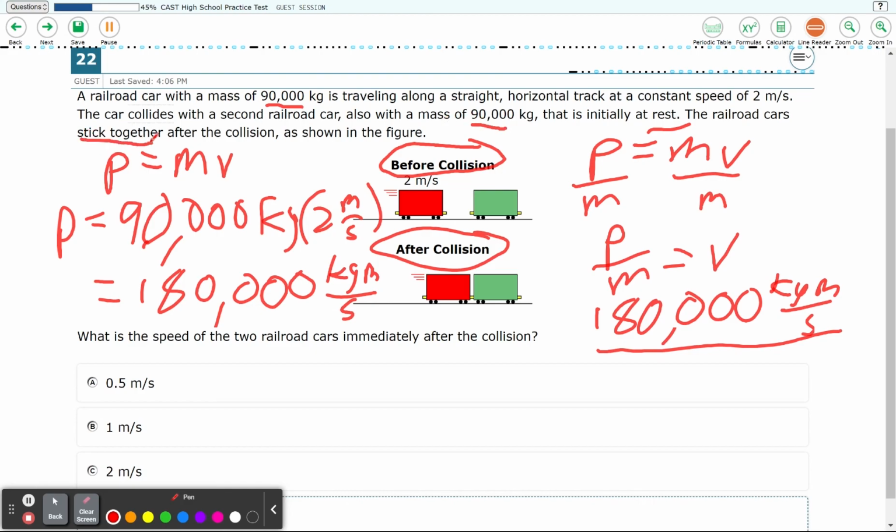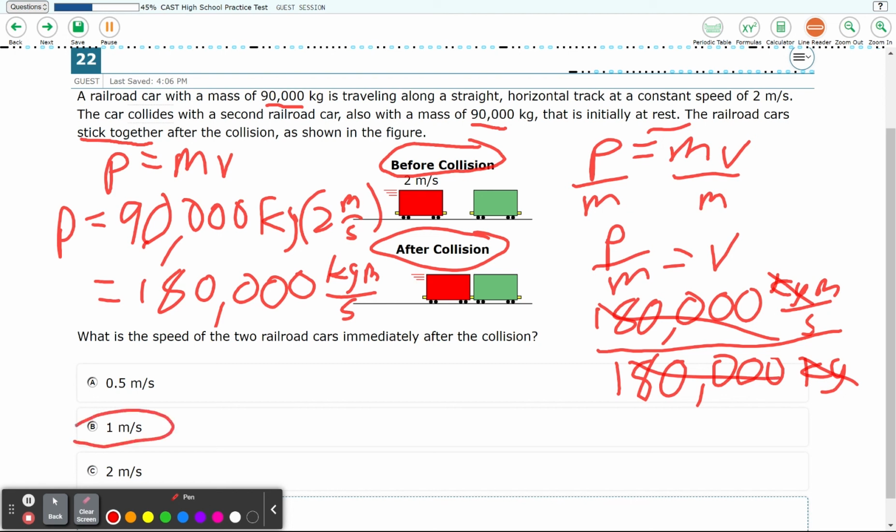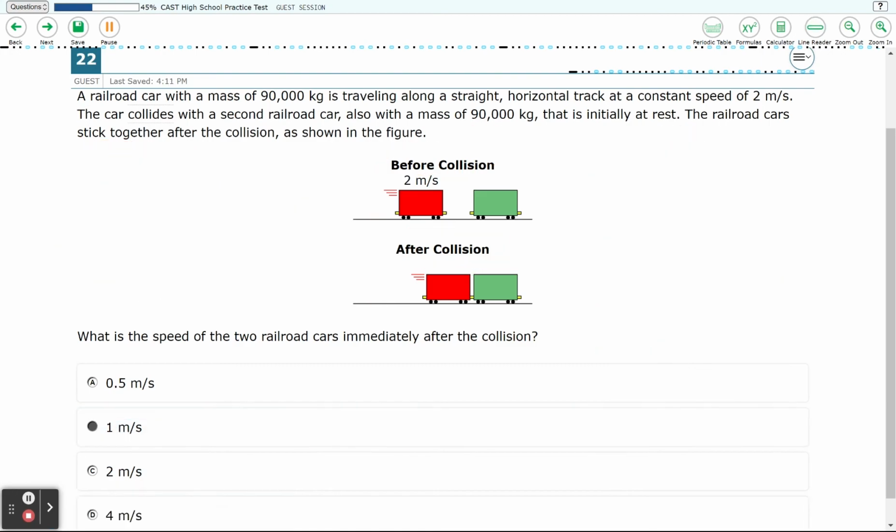So that means our total mass is 90,000 plus 90,000. So our total mass is 180,000 kilograms. So our kilograms cancel, our numbers cancel, and we're left with 1 meter per second. And that's our final answer. Let's carry on with question 23.